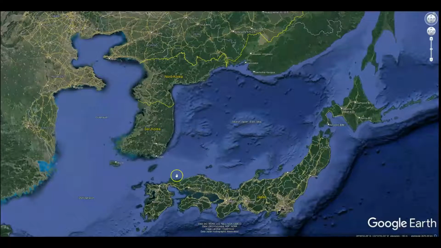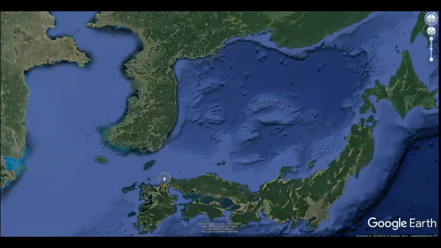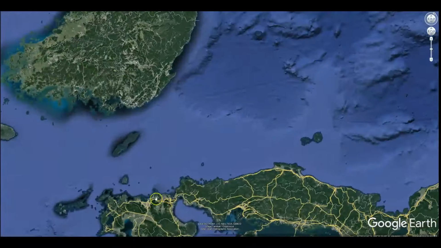But if we want to build this fixed link from Japan to South Korea, maybe the first thing we need to look at is, yes, we can use these islands, but also the water depth of this channel will make a significant contribution or barrier to whether this is a good option or not.